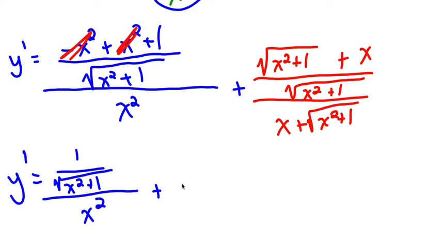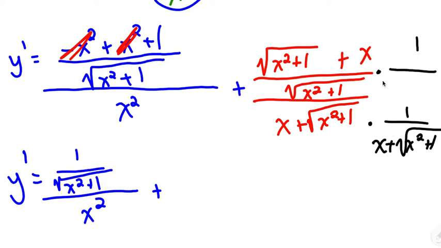Now this one over here, I kind of simplified in this step. I multiplied the numerator and denominator by 1 over x plus square root of x squared plus 1.